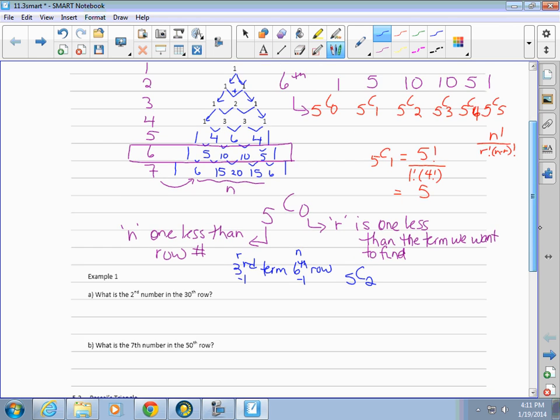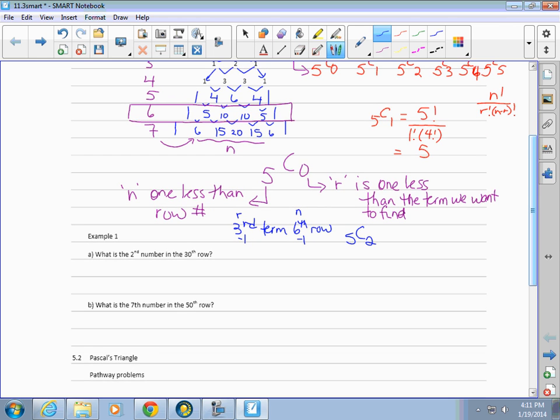Example 1 says, what is the second number in the 30th row? So my term is 2, my row is 30. That means this is going to be 29 choose 1, because my n is equal to 30 and my r is equal to 2.